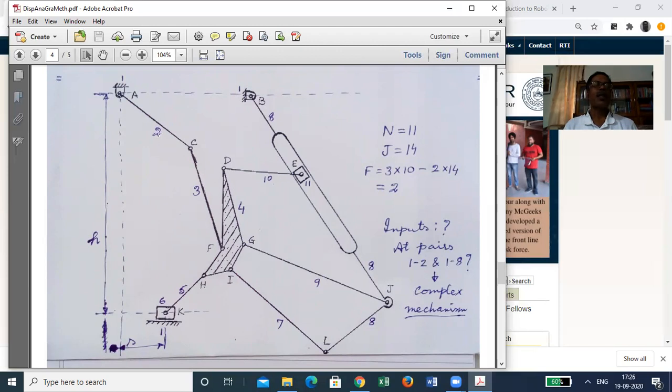So link 2 here, link 3 here, and then this pentanary link, I mean 5 pairs, this is link 4, 5, then this slider is 6. You could make a different numbering. Then this is 7, and this link, which I have denoted as link 8, runs from here, goes, gives you the slot, and finally pairs with the frame.